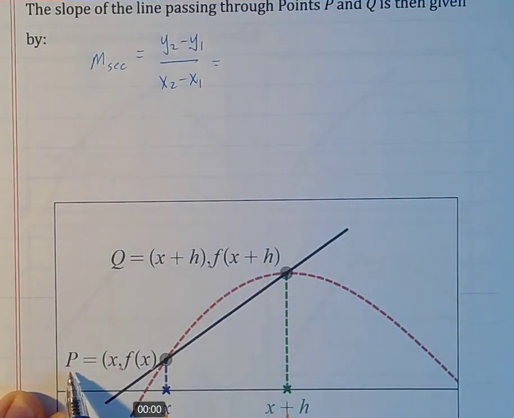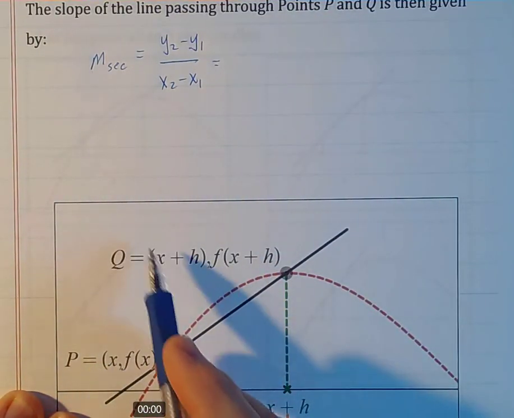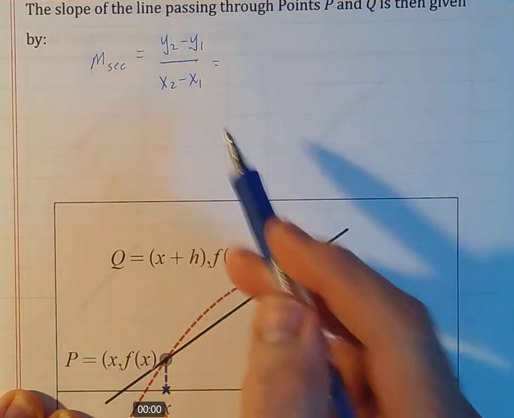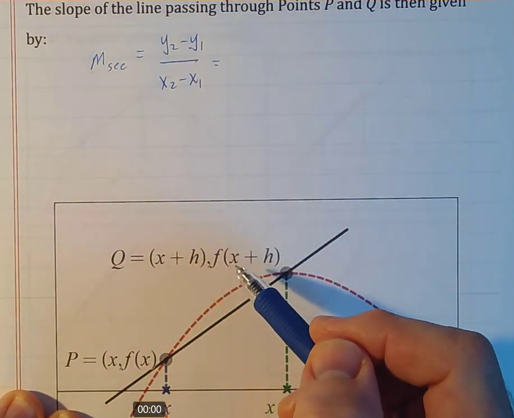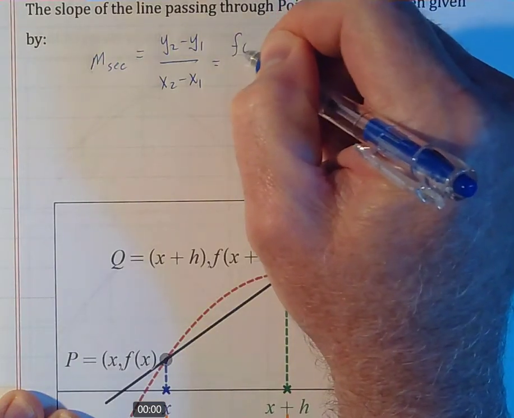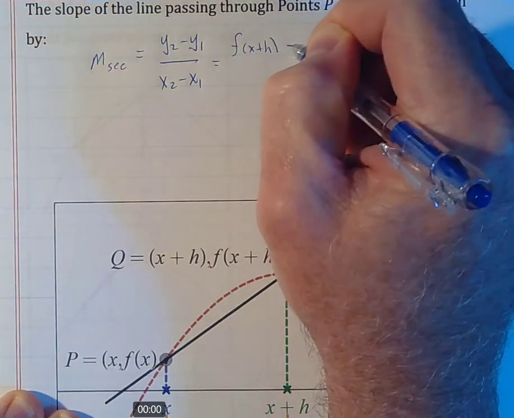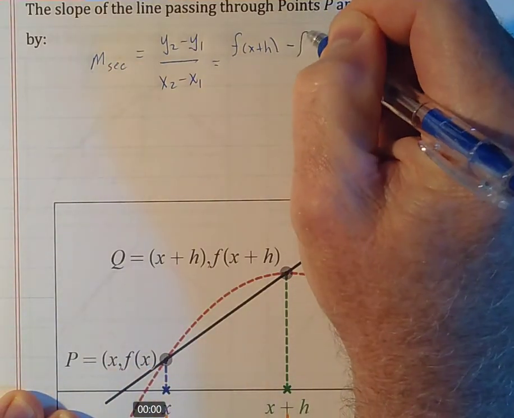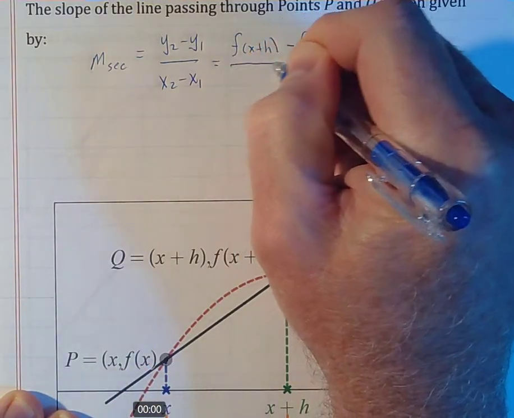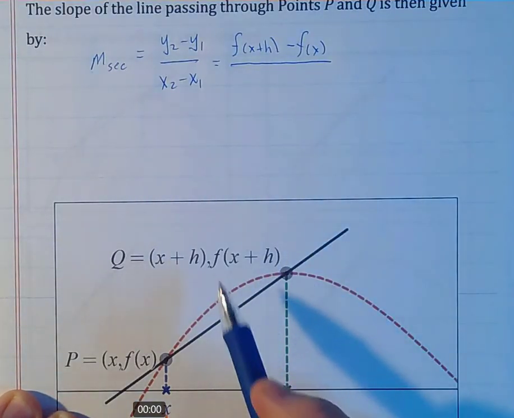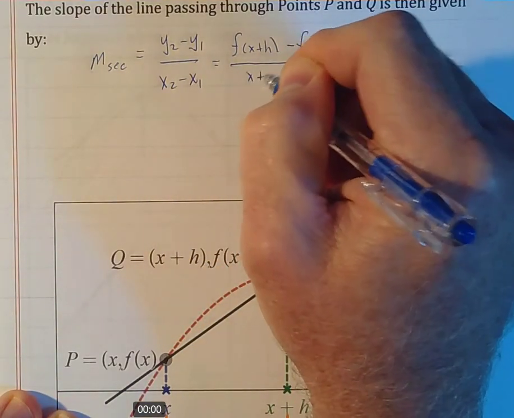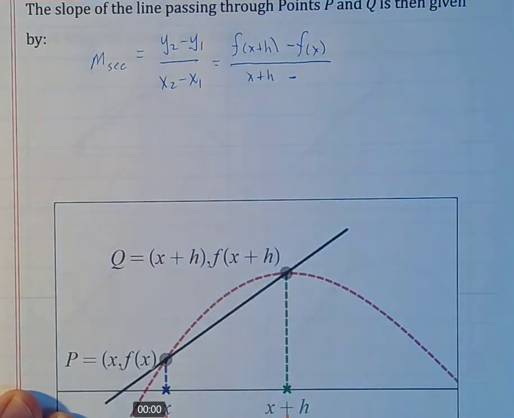So I'm going to let P be my x1, y1, and Q be my x2, y2. And so what I would get right here is f of x plus h, minus the y value down here, which is f of x, over the x coordinate here, which is x plus h, minus the x coordinate down here, which is just x.